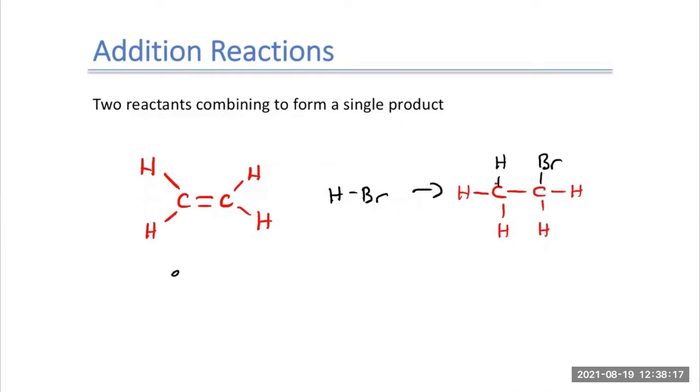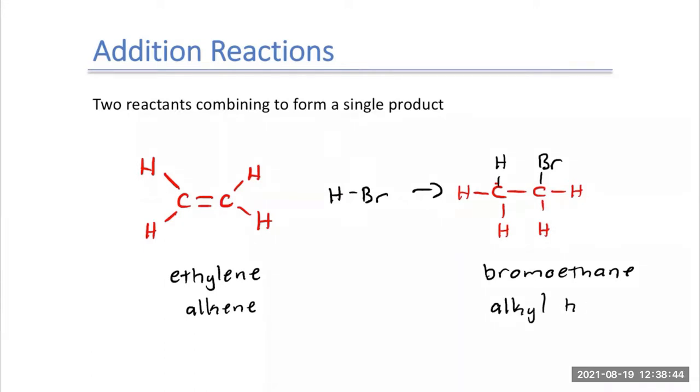And so we go from ethylene, an alkene functional group, to bromoethane, an alkyl halide. So you can see during the course of the reaction, we end up changing the functional groups. We go from an alkene to an alkyl bromide in this case, through an addition reaction.